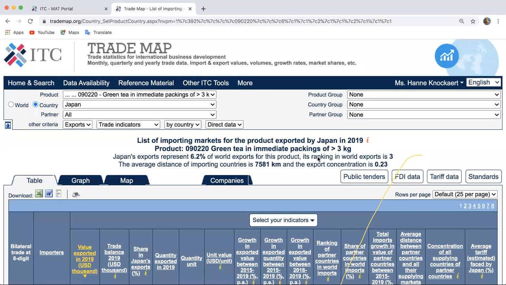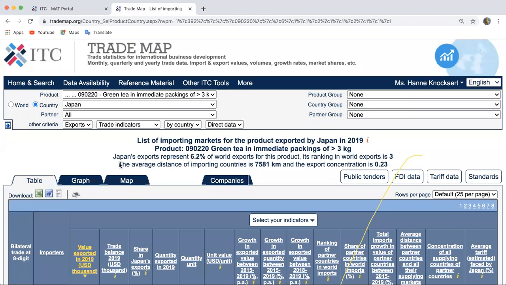As we saw before, China is obviously the biggest exporter of green tea, and Japan has third place, with 6.2% of world exports. Its ranking in world exports is third, exactly.